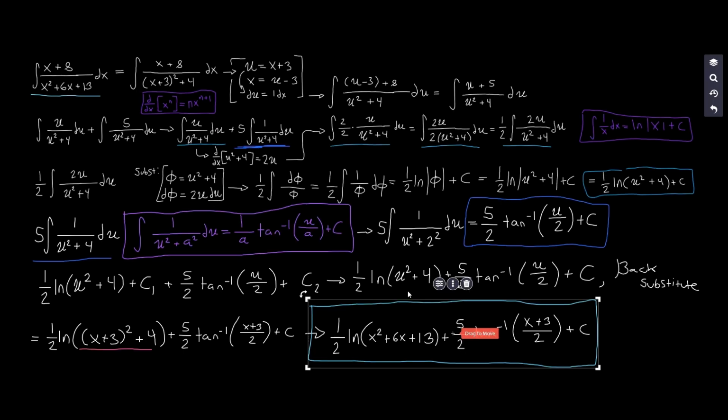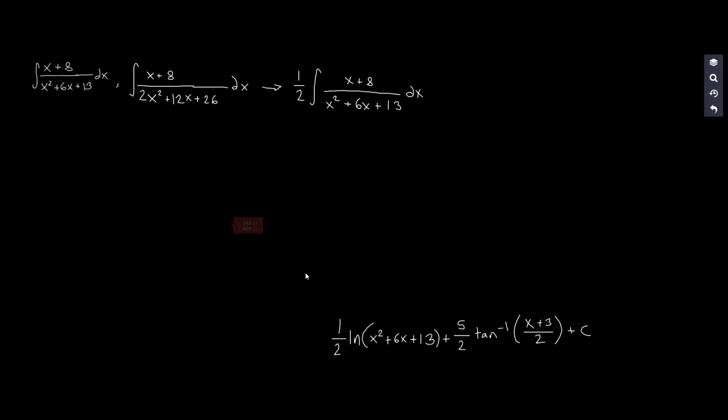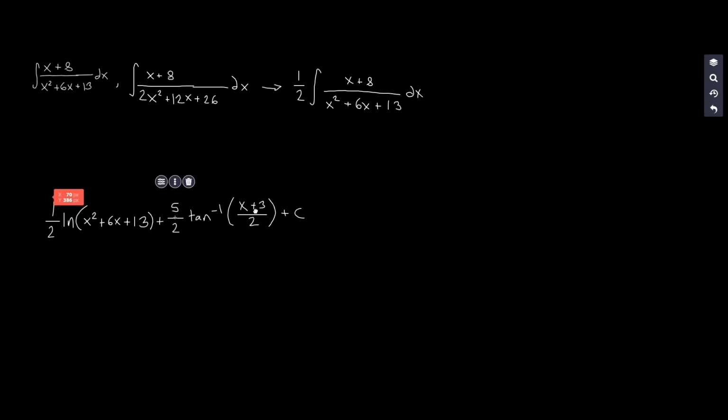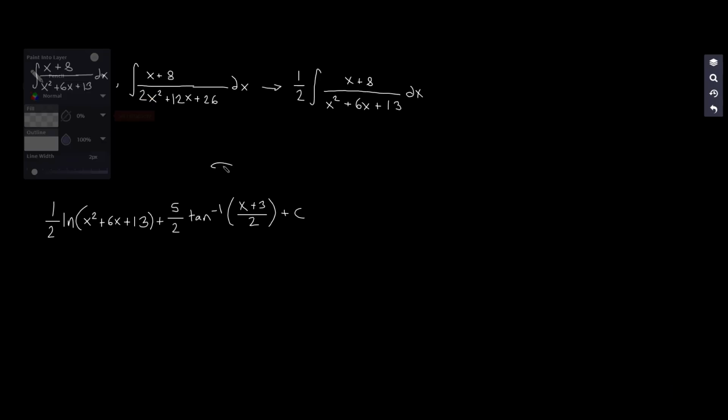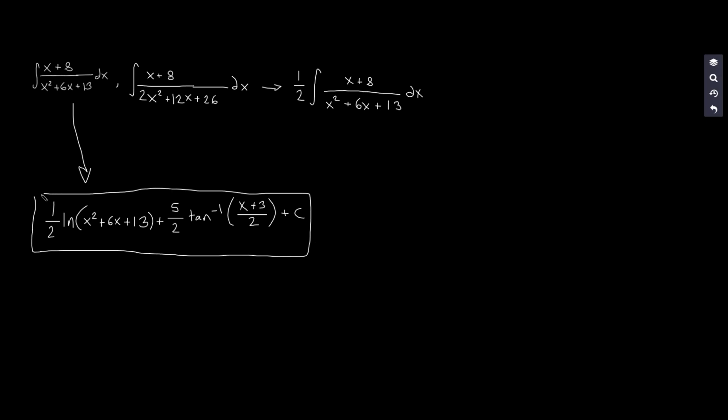What did we have before? In the case of the indefinite integral of x plus 8 over x squared plus 6x plus 13, we found our answer to be 1/2 times the natural logarithm of x squared plus 6x plus 13 plus 5/2 times arctangent of x plus 3 over 2 plus the arbitrary constant.